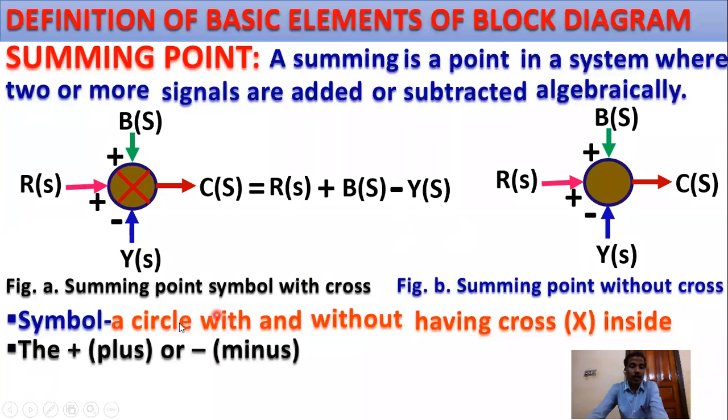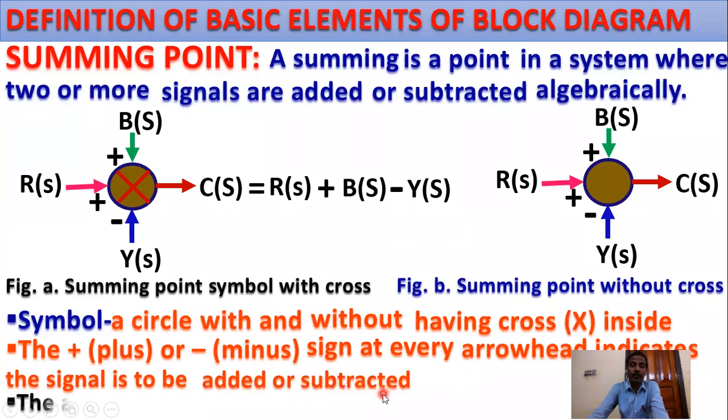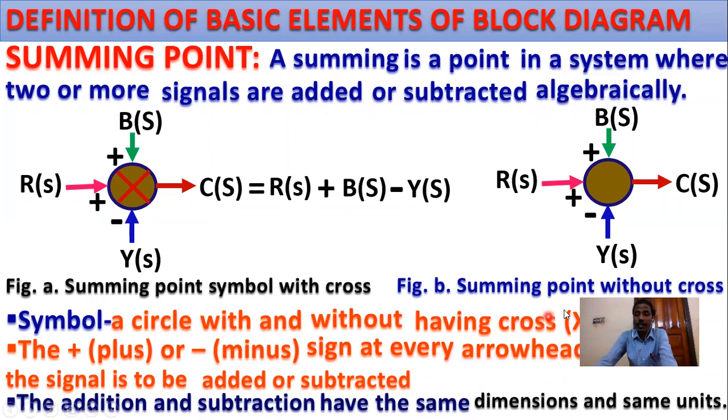Then the plus or minus sign at every arrowhead indicates that the signal is to be added or subtracted. This one is added, and this one, Y of S, is subtracted. The addition and subtraction must have the same dimension and same units.